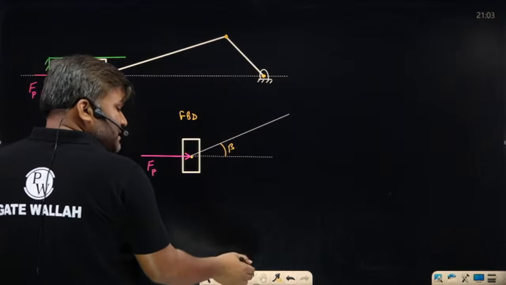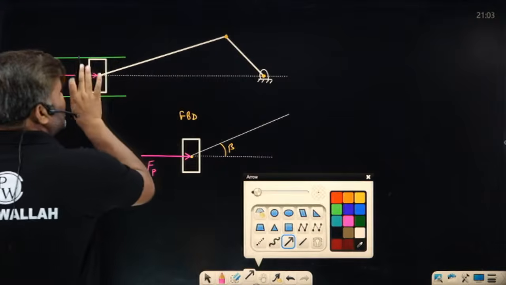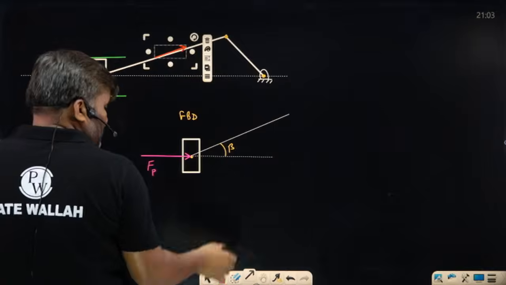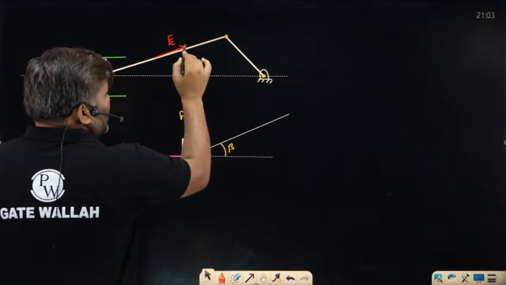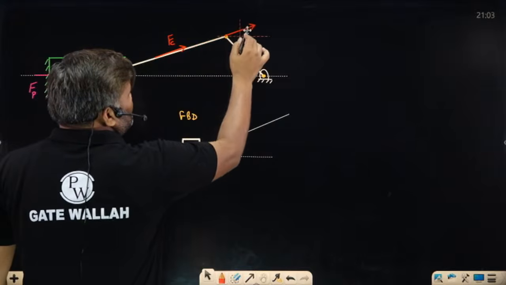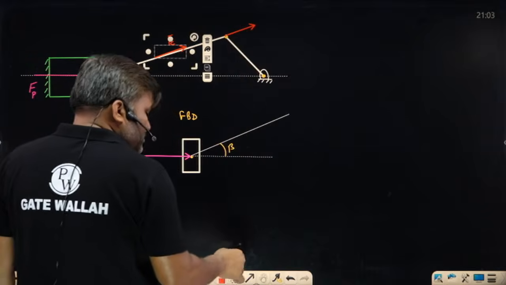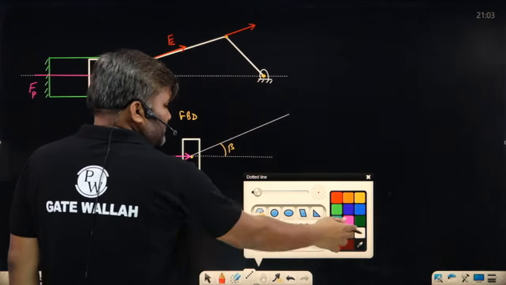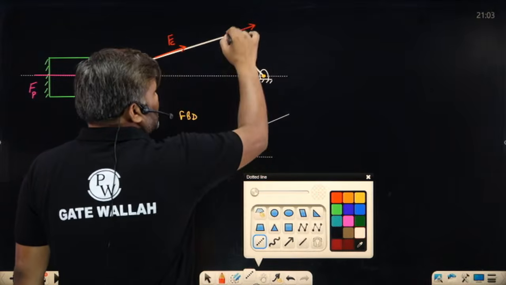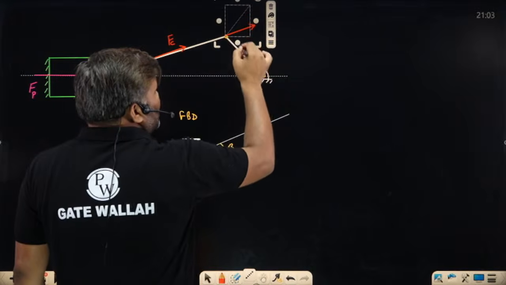Piston is applying some force on the connecting rod, which I am calling FC, which directly gets transferred through the spin joint onto the crank. We can take components of this force perpendicular to the crank and along the crank.